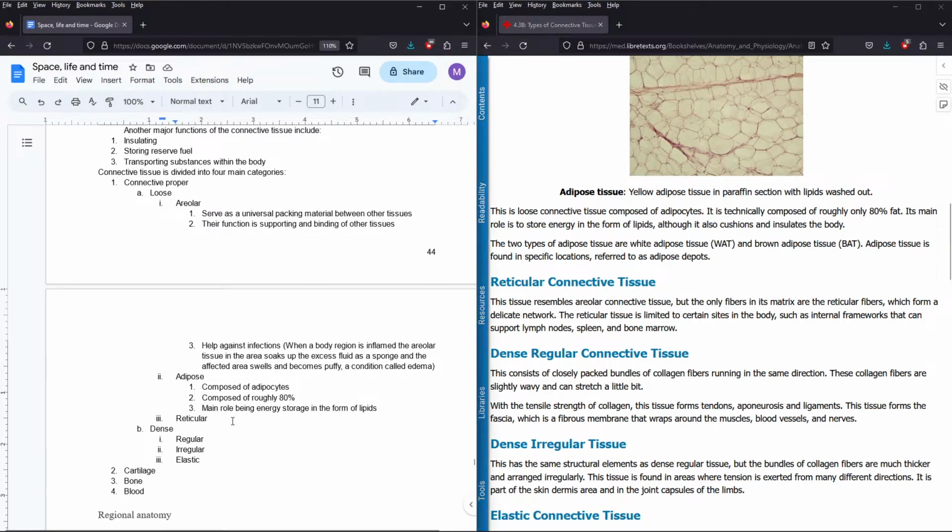Reticular connective tissue. This resembles areolar connective tissue, but the only fibers in its matrix are the reticular fibers. They form a delicate network, similar to areolar, but the only fibers in its matrix are the reticular.